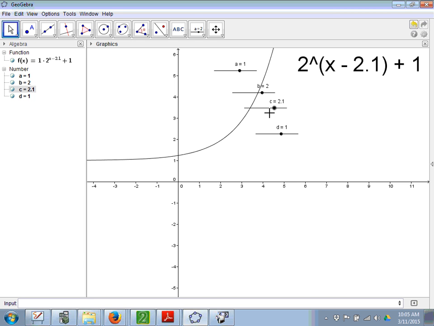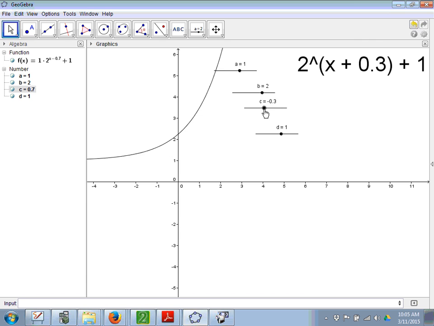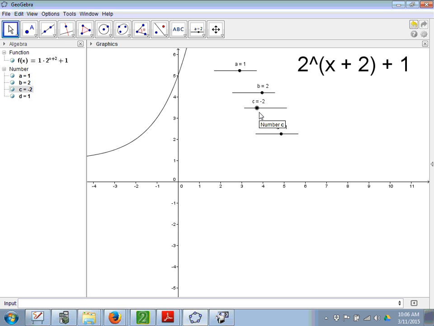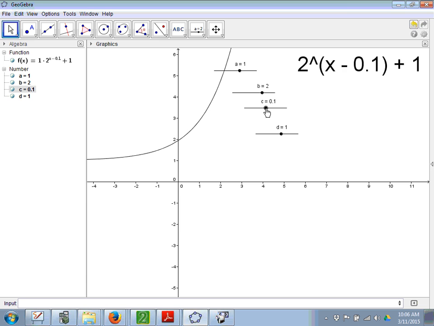It's to the right. Okay. If it's in with the exponent, it's moving the graph right or left. If it's plus a number like x plus 2, notice what happened to the graph? Moves to the left. This is all stuff you know. We've done this with other functions. Now we just have to do this with exponentials.